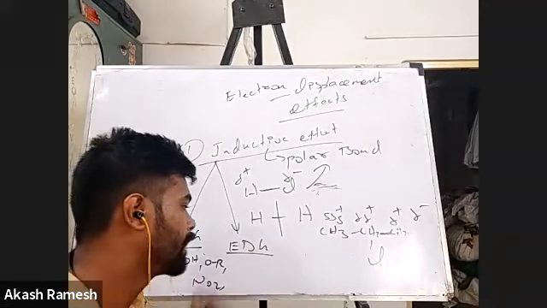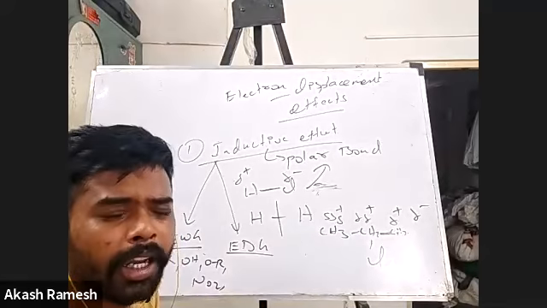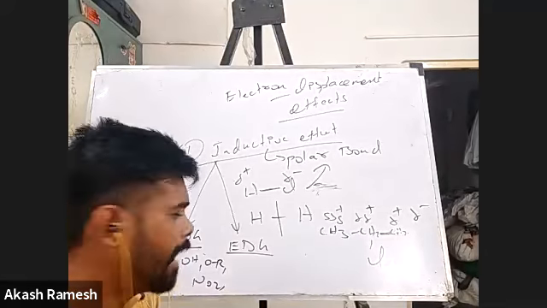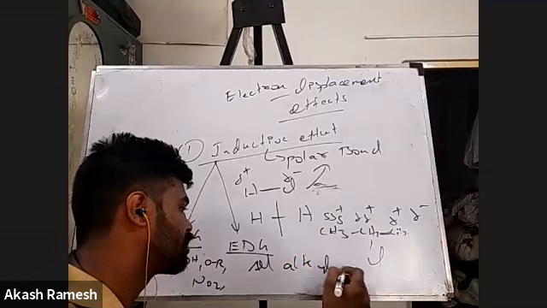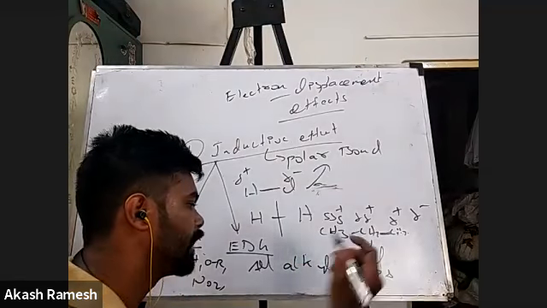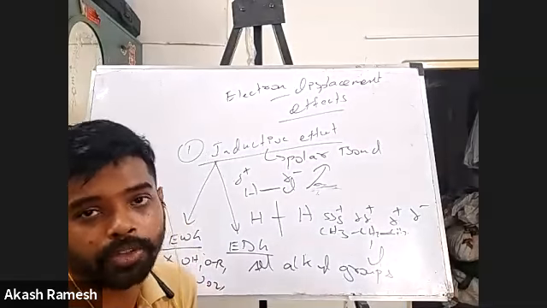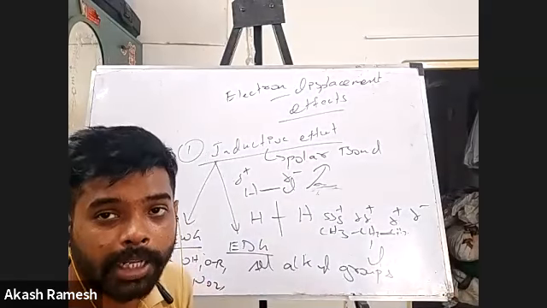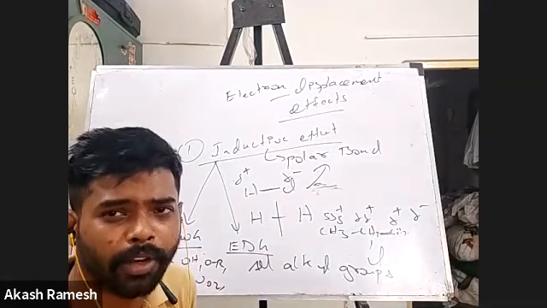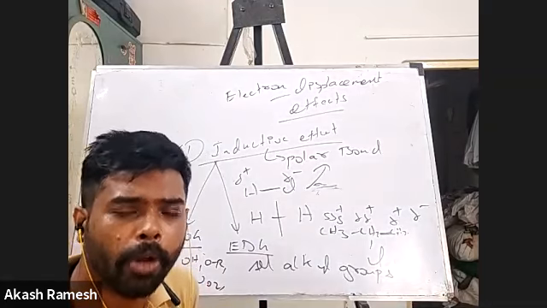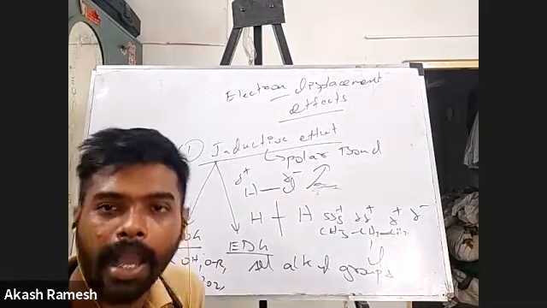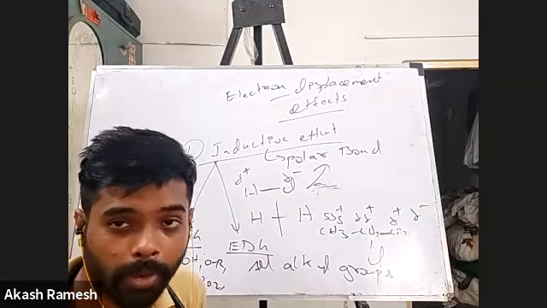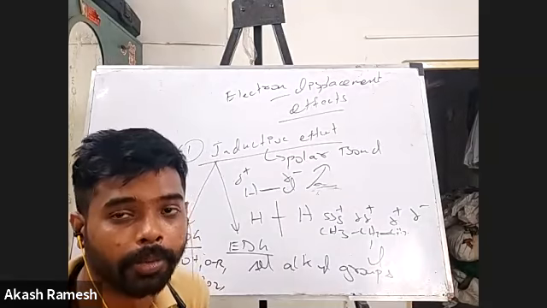And electron donating groups: mostly you will have all alkyl groups. All alkyl groups will be electron donating in nature, for example ethyl group, propyl group, cyclohexyl group, cyclopentyl group. Now, first thing, how do you define an alkyl group?